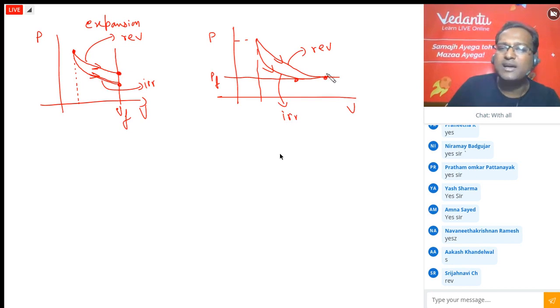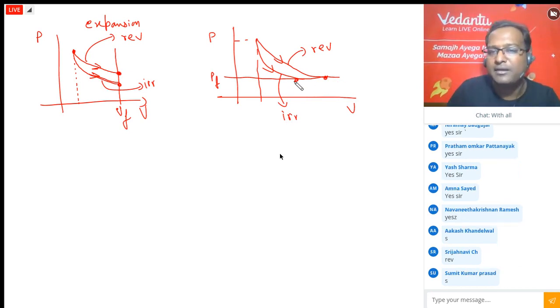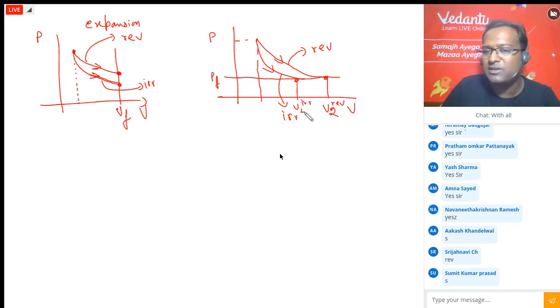Sir, from this graph, we can also compare V2 reversible and V2 irreversible, isn't it? From this graph, we can clearly compare the value for V2 reversible, which will be this, and this will be V2 irreversible. So V2 reversible is more than V2 irreversible.